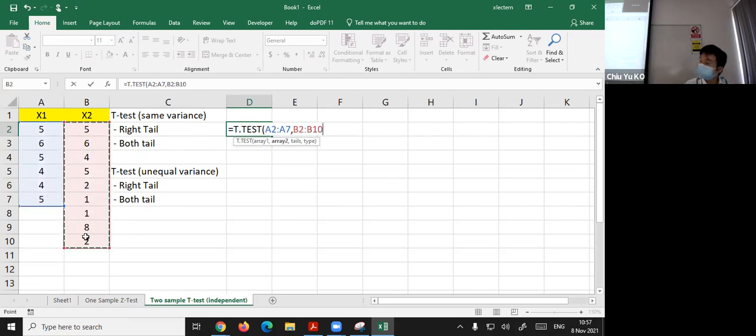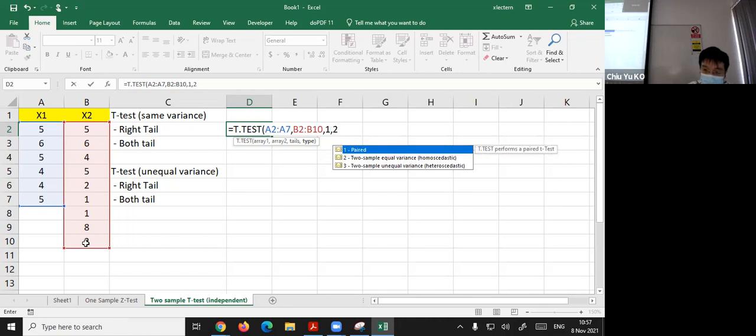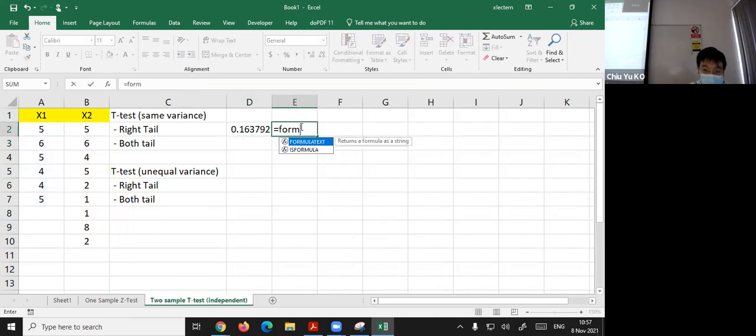You highlight the data here, then you have to tell it the tails type, and then you tell it it's equal variance.